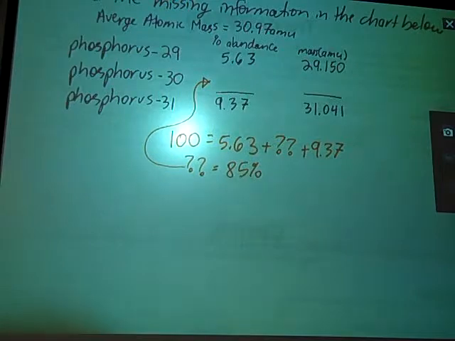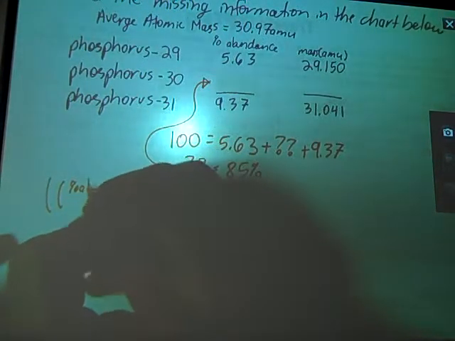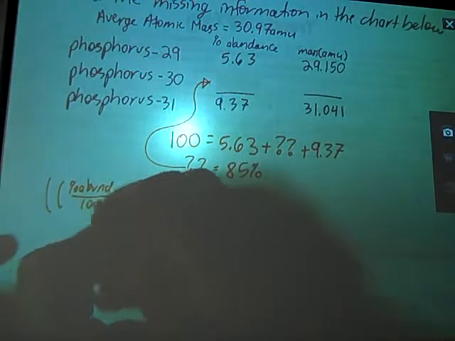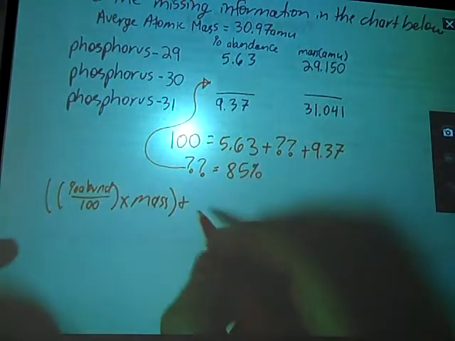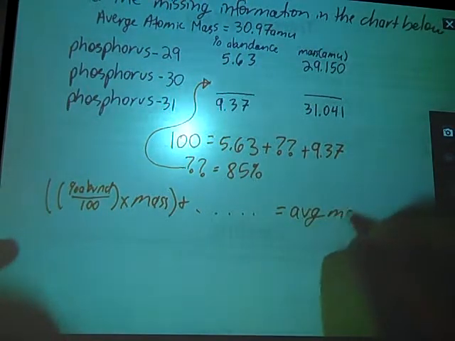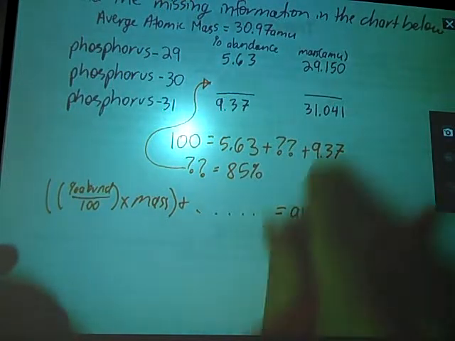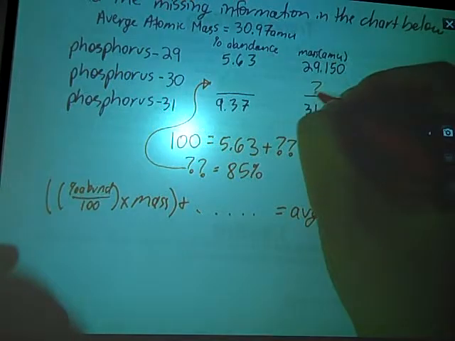Since this is an average atomic mass, I'm going to use the same formula that I used before. Percent abundance divided by 100 times the mass, plus however many isotopes you have, equals your average mass. This time I'm going to have a variable, something I don't know. In case you haven't noticed, I like using question marks.